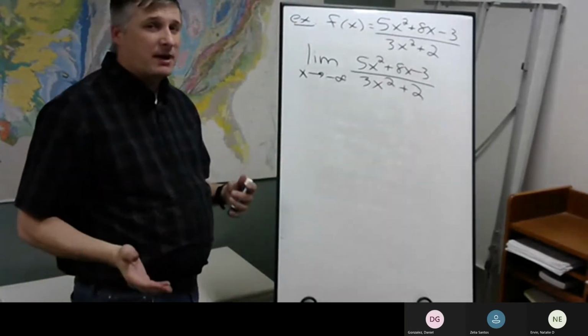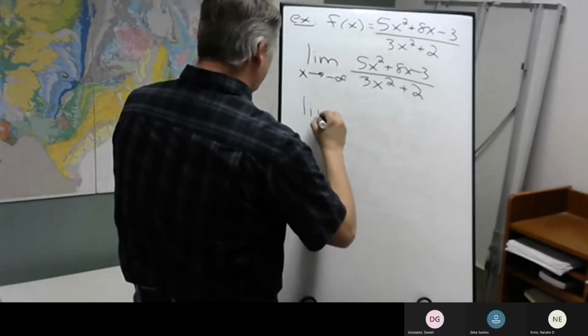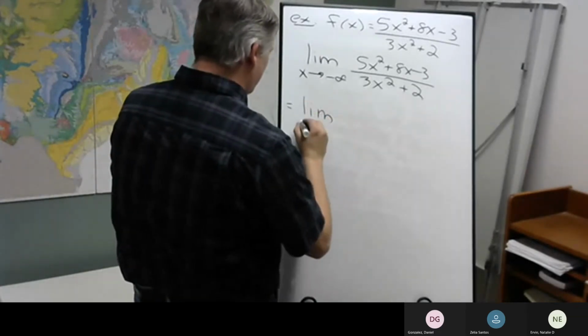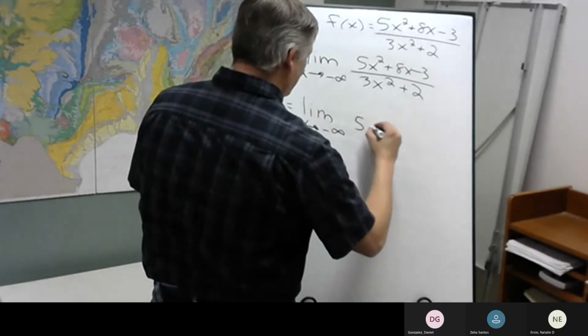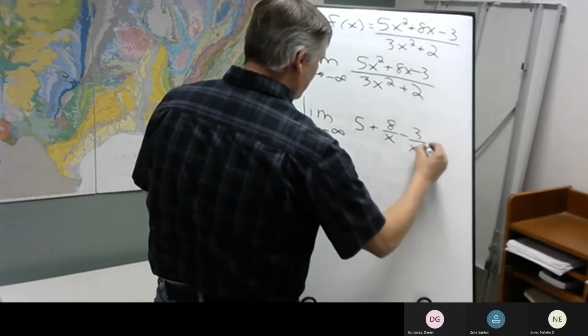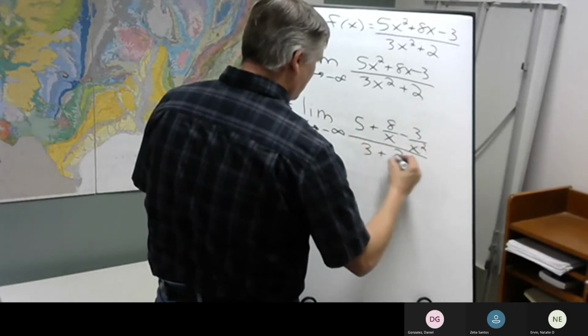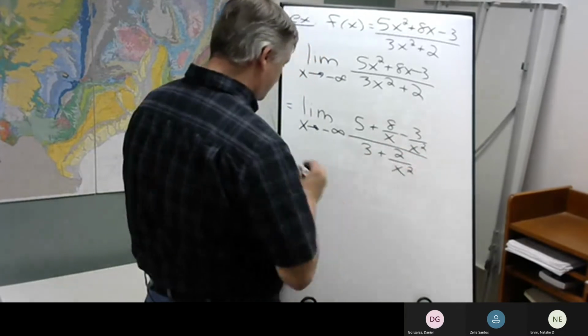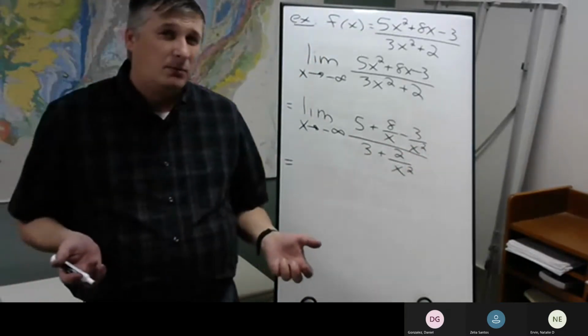So we divide everything by x squared, the highest power of x. So we're going to get the same thing as we did before.